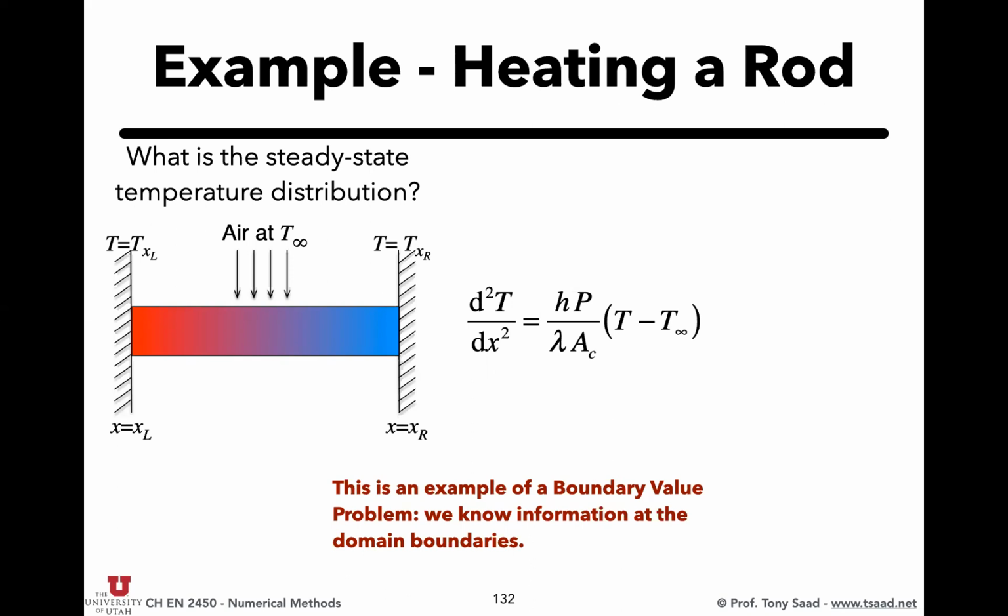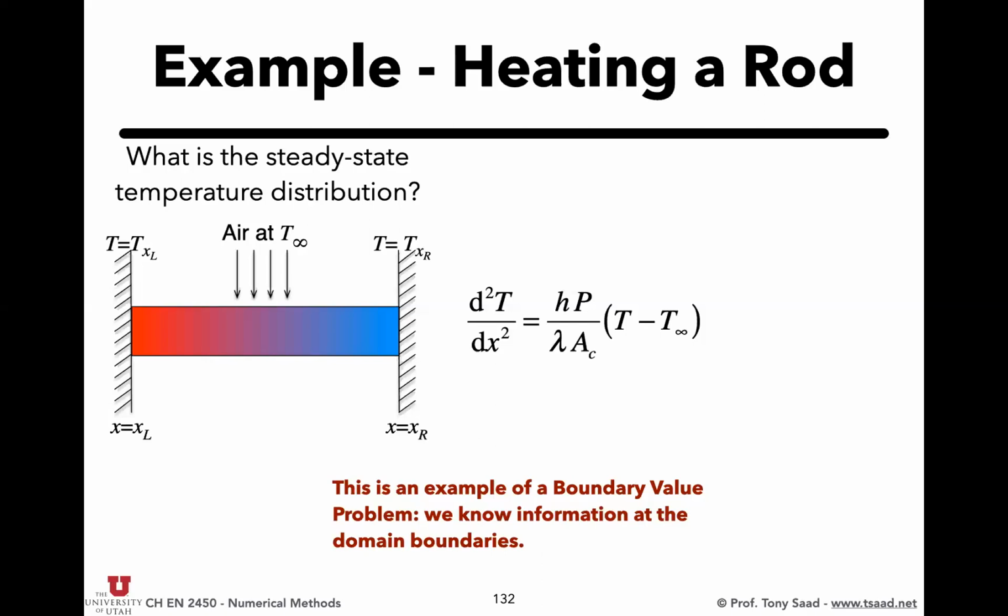So let's assume for a moment that both temperatures at the left and at the right are the same. Let's say 500 degrees. Then at steady state, that entire rod is going to be at 500 degrees. Then you bring air at 300 degrees. Now, there is a rate at which this happens, and obviously it's going to lower the temperature in the middle of the rod.